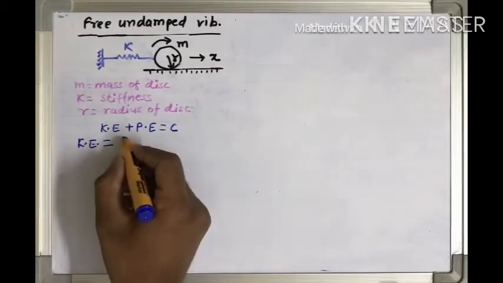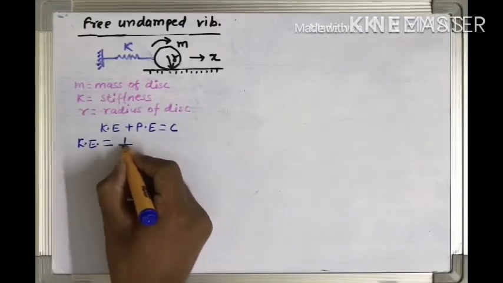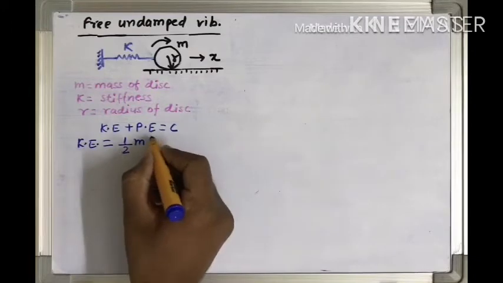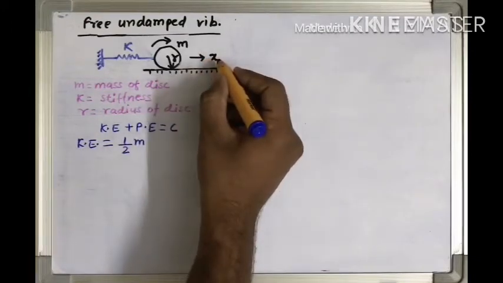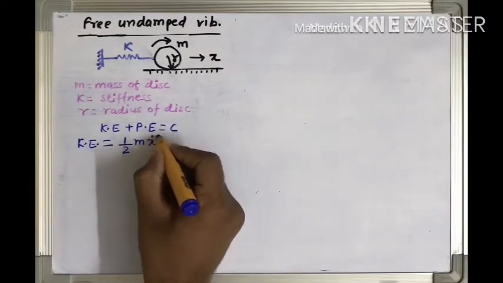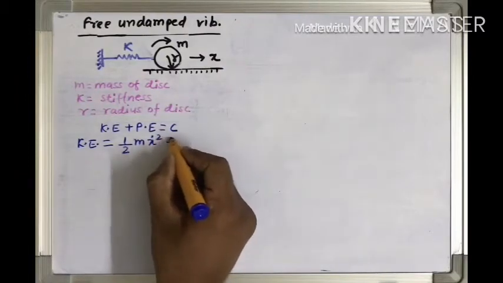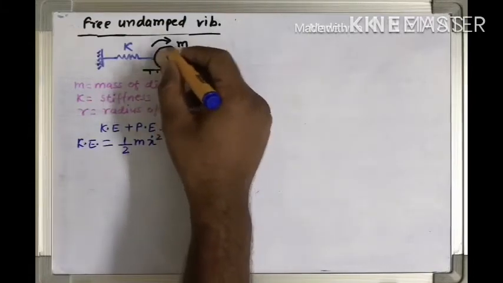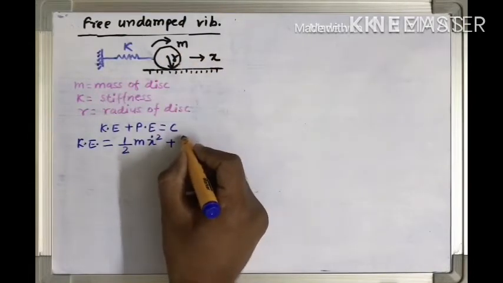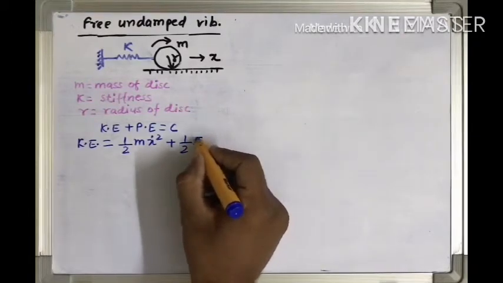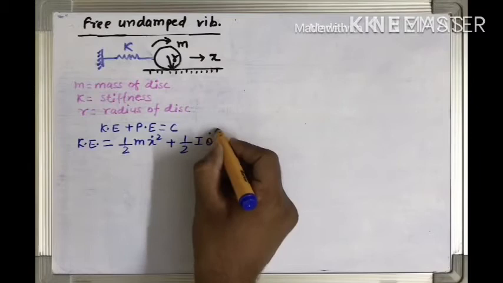The linear kinetic energy is 1 by 2 m and the square of velocity. Since x is the displacement, the velocity in this direction will be x dot, so x dot square. Plus, since the disk is also rotating, there will be angular kinetic energy, and its value would be 1 by 2 I theta dot square.